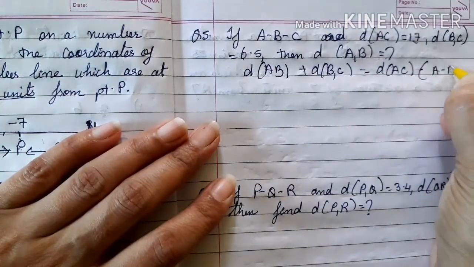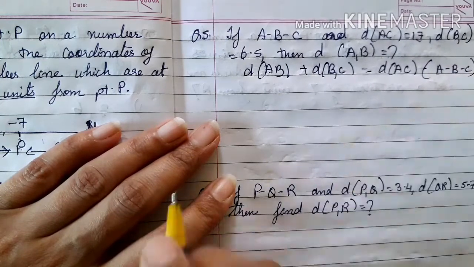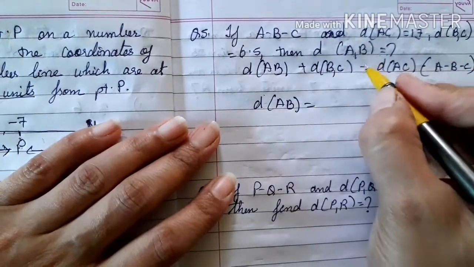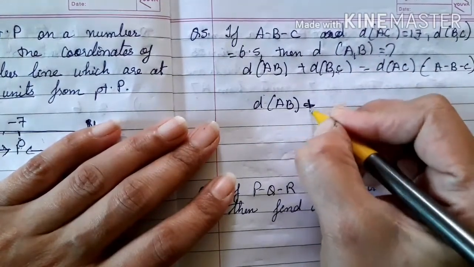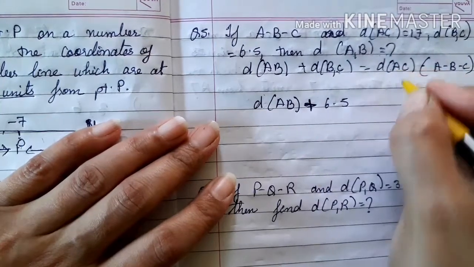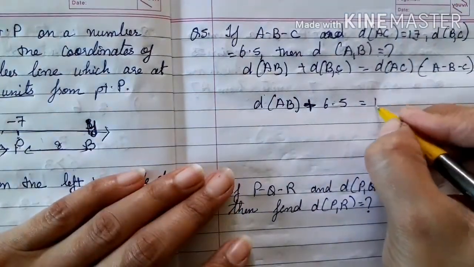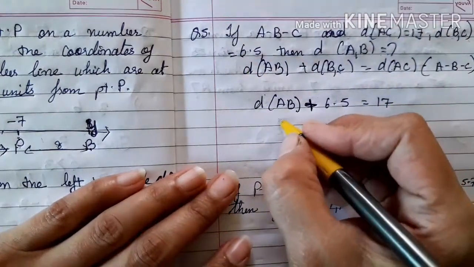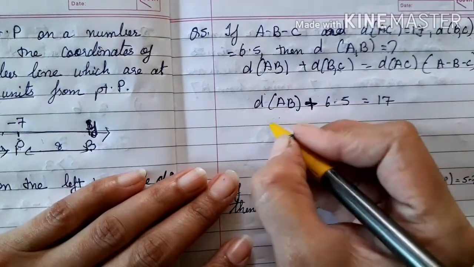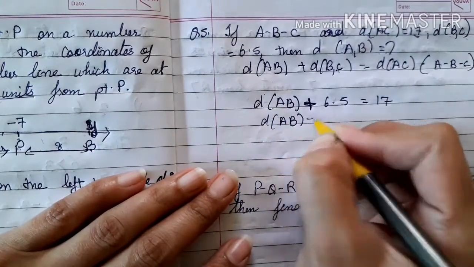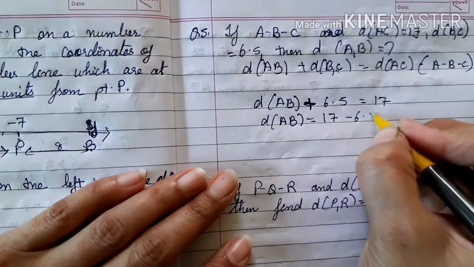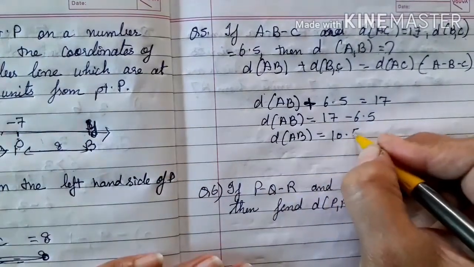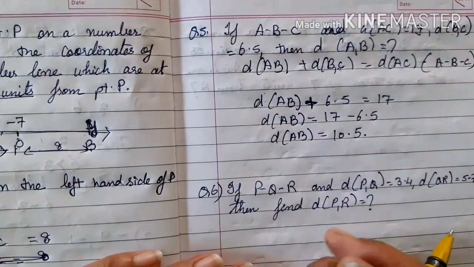As B is in between A and C. Therefore, distance of AB, we know the distance of BC is 6.5, and the distance of AC is going to be 17. So put the numbers and then you all have to solve it. The distance of AB is equal to 17 minus 6.5. So distance of AB after subtracting, you will be getting 10.5. Got it? It was easy.